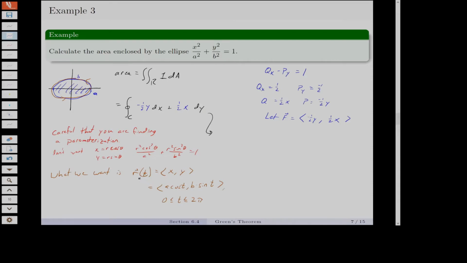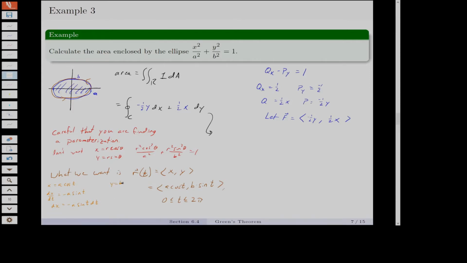Okay, so when I want to convert this over now, I need to be careful that I'm filling in x, y, dx, and dy in terms of t, so I can write this as an integral with respect to t. So if x is equal to a cosine of t, then the derivative dx dt is a times negative sine of t, so dx is equal to negative a sine of t dt.